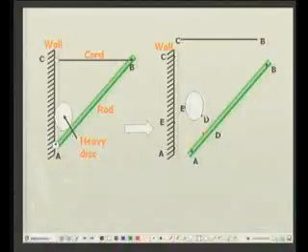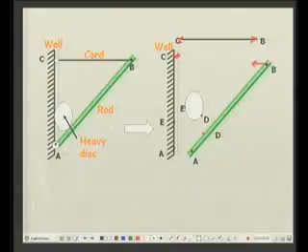We will see that for different types of contacts, here there is a contact between a flexible cord and a wall, the reactions will be different. For example, the cord will be under tension here, which will be an axial force. So there will be equal and opposite force on the wall as well as on the rod.